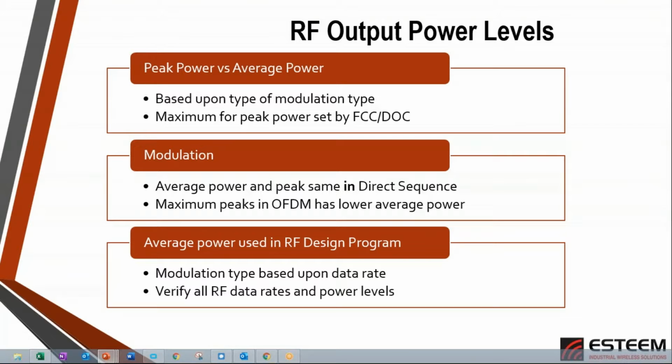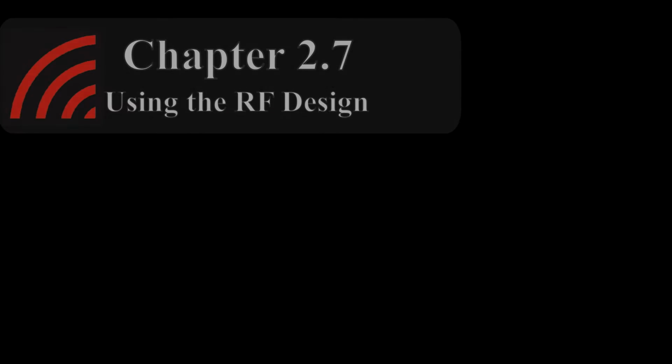This happens on all OFDM transmitters. This is not a bug in our radios, but what we do when we design the RF system, we design it based upon the average power level, not the peak power level. If you design it based upon a peak power level, then your calculations can be off as far as fourfold. So it'll make a lot more sense when we actually see those calculations.